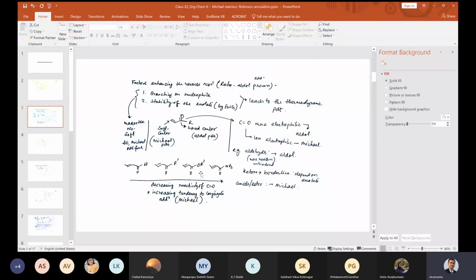From ester to amide, again the reactivity decreases in this direction. So that means in this direction, your 1,2 addition reaction would be much lower. That means your 1,4 addition step or the Michael reaction would be more favorable in this series. Makes sense, right? It's very simple.